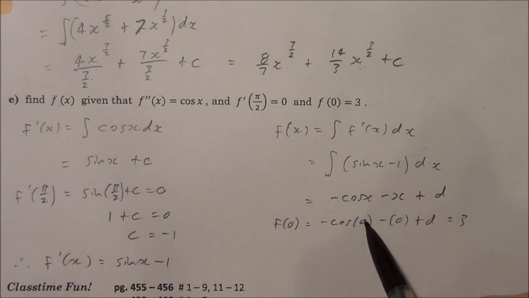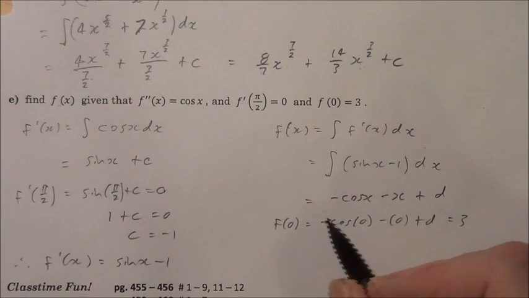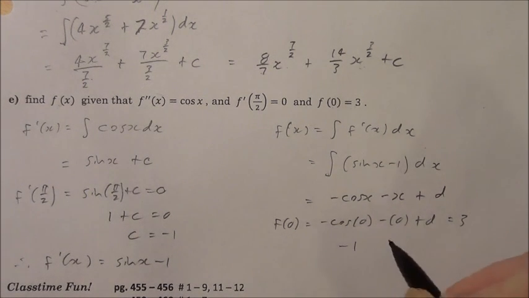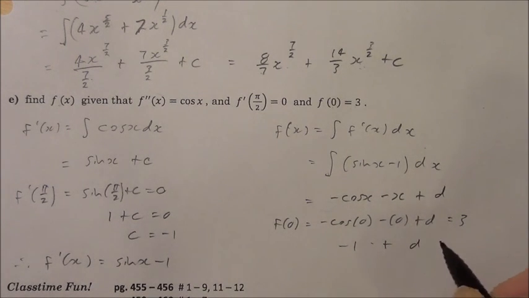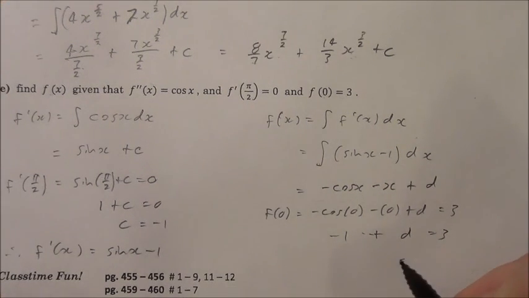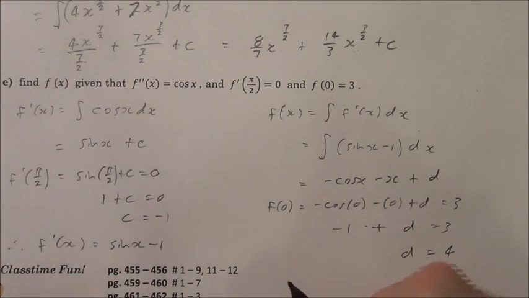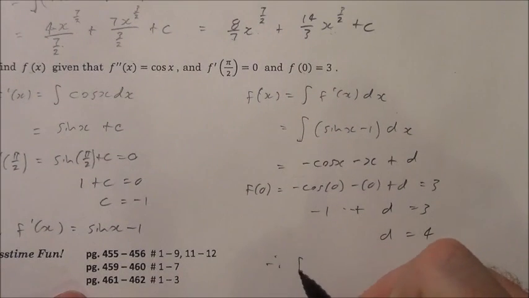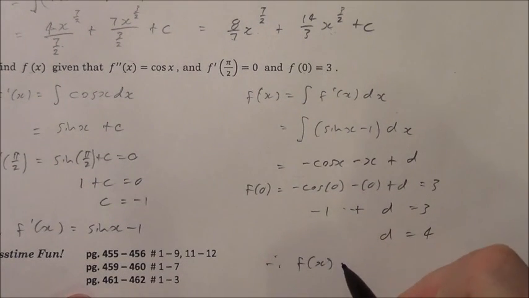So the cosine of 0 is 1, and multiplied by the negative, so it's going to be negative 1 minus 0, well that's just minus 0, plus d equals 3. Add 1 to both sides, so you get d equals 4. Therefore, the grand finale, f of x equals negative cosine of x minus x plus 4.